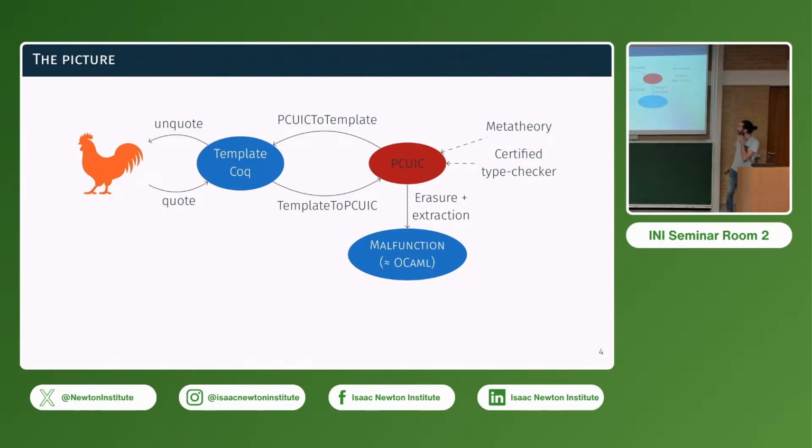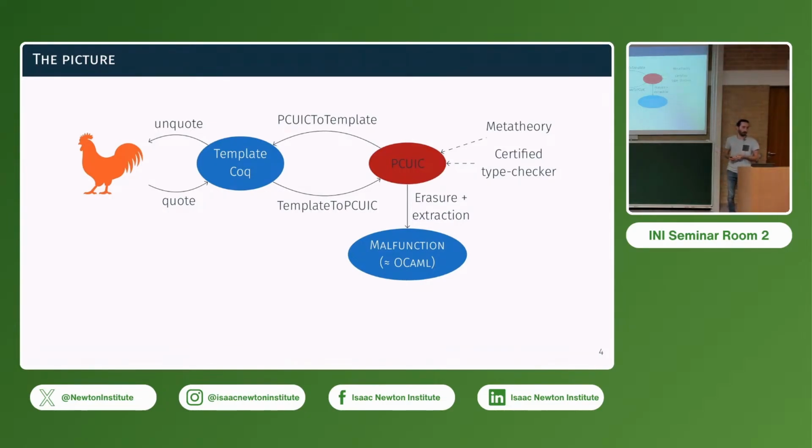So I'll get back to the actual things that we have. In Peak we have crazy universe polymorphism, and inductive types are basically as general as Coq's. I think we don't have nested inductive types, but we have mutual inductive types with Prop and Type stuff, and co-inductive types.